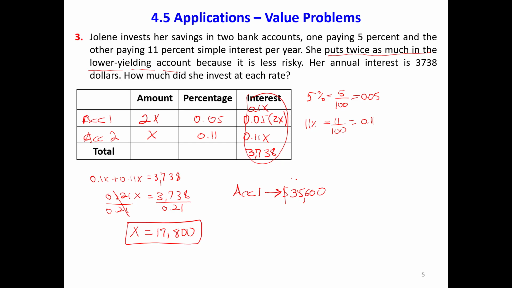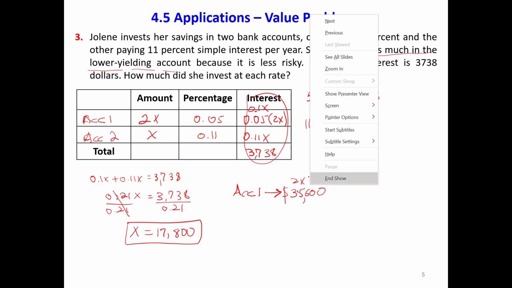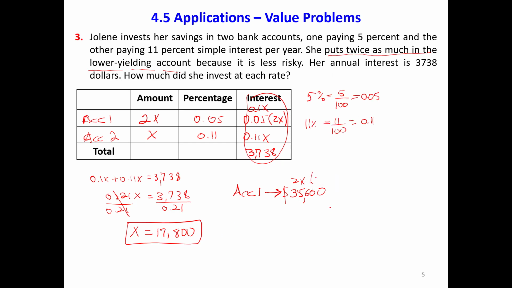In account 2, she invests x, which will be $17,800.